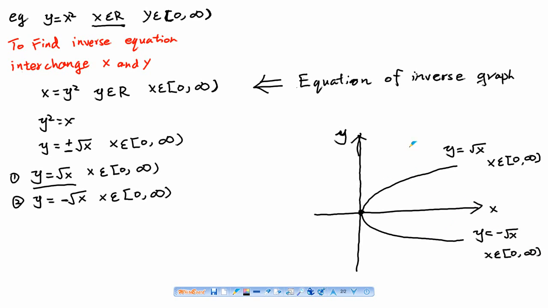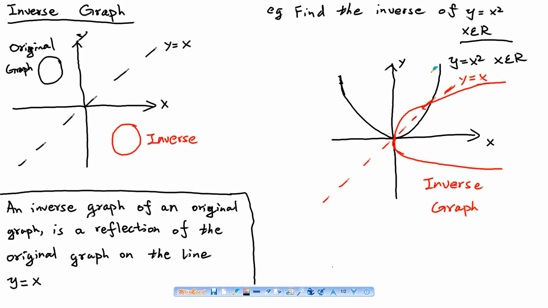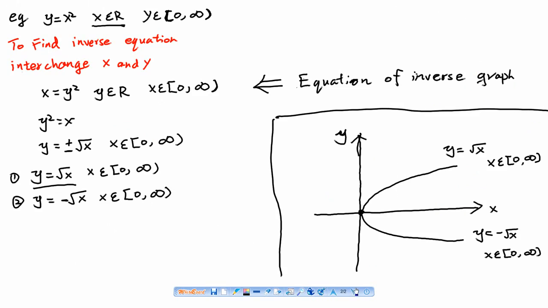Let's compare this graph with the graph we have here. The red graph is the graph we drew from a reflection on the line y equals x, and as you can see, they are similar graphs.